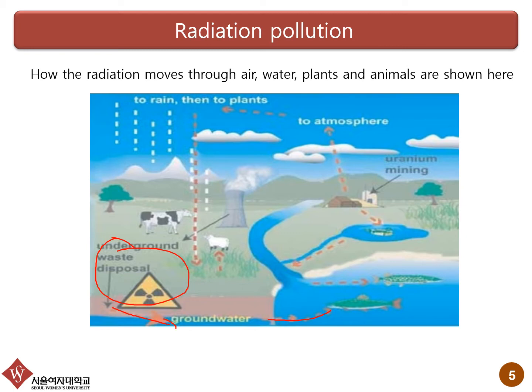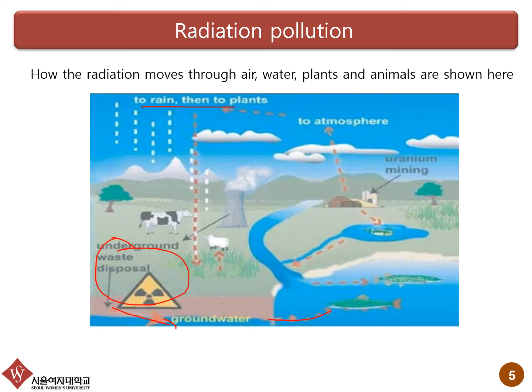When the lake evaporates, the radioactive materials move to the atmosphere, and during rain they come back to the ground and contaminate the entire ground. The radioactive materials present in waste disposal sites are very dangerous and are the main source of the radioactive problem all over the world.